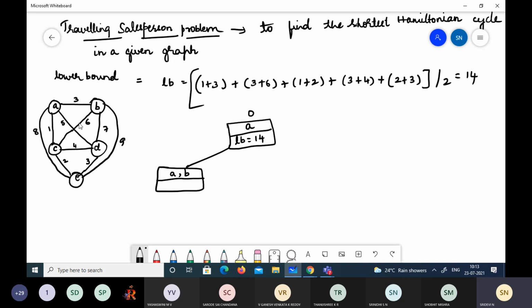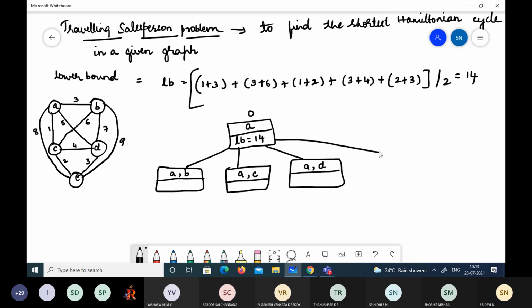From A, we can reach B, D, C, and E. B we can reach, C we can reach, then we can reach D also, then we can reach E as well.